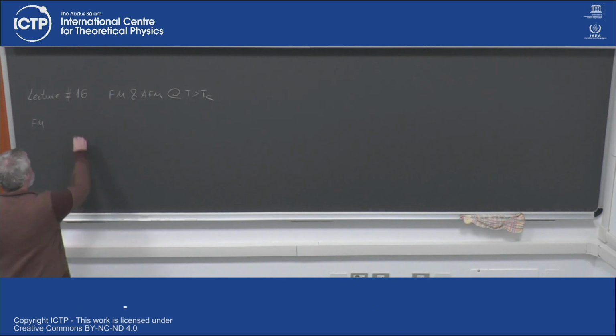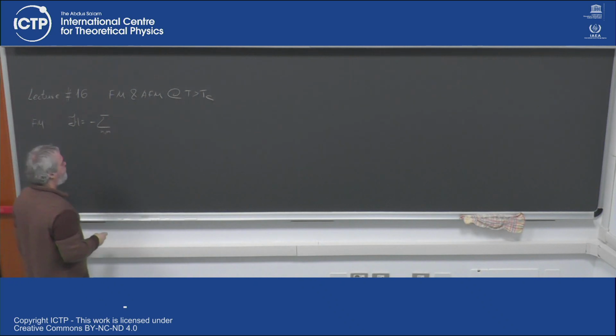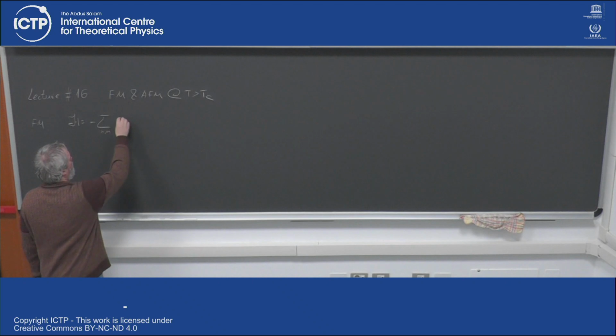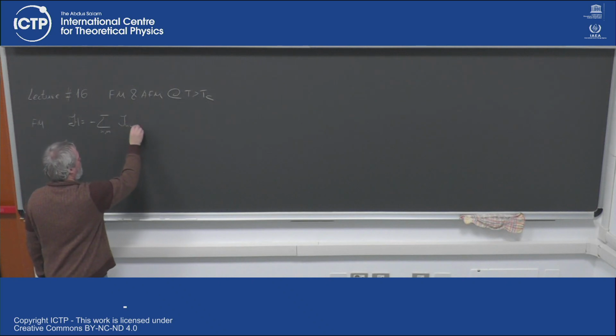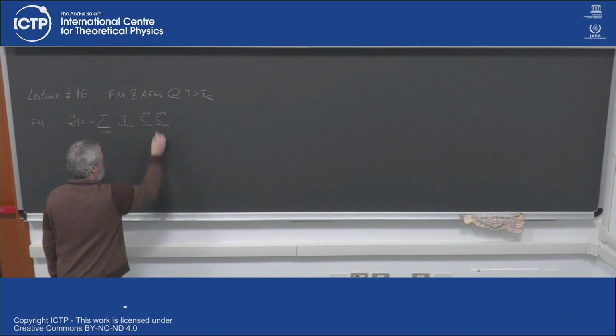Once again, we consider the Hamiltonian H equal to minus the sum over n, m of J_nm S_n dot S_m.